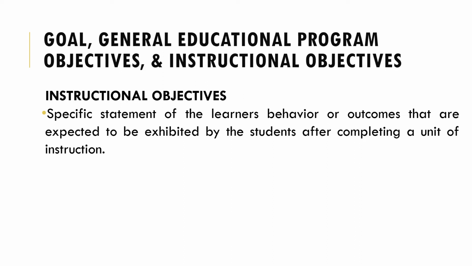So if our topic today is photosynthesis, and one of my instructional objectives is for you to define photosynthesis, then that is an example of an instructional objective. It is a specific statement of the learner's behavior that should be exhibited by the student at the end of the instruction or unit. So that is an instructional objective.